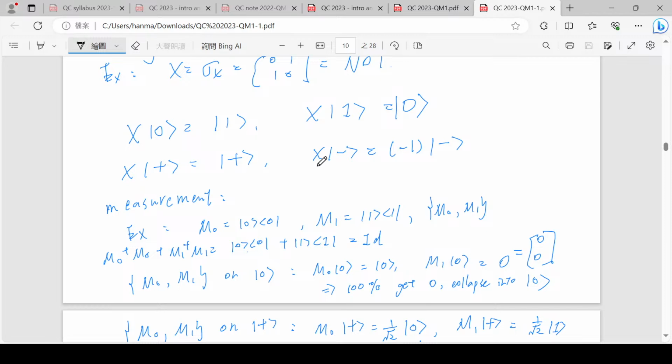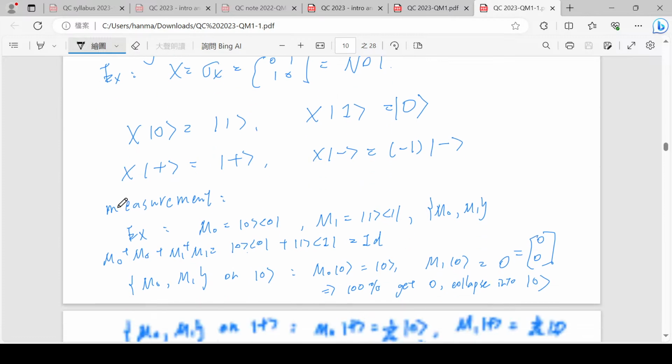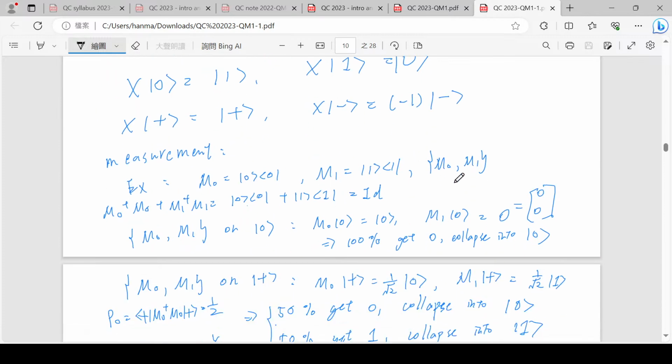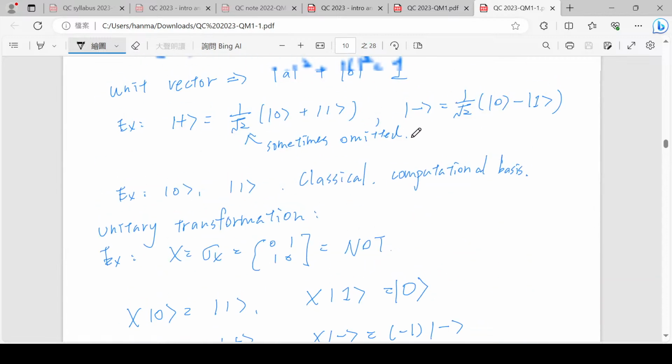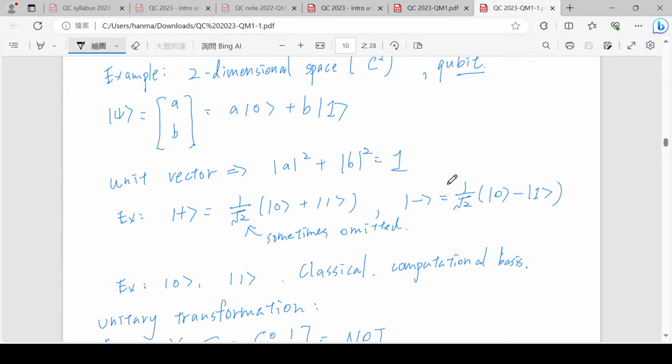Okay, and finally, we do measurement. I've talked about measurement before, but now we do everything in this more generalized, more formal language. That seems actually a bit overkill. So now we try to do computational basis measurement. As we said in the review, when you do computational basis measurement, you should just get 0 or 1 with probability a² and b².